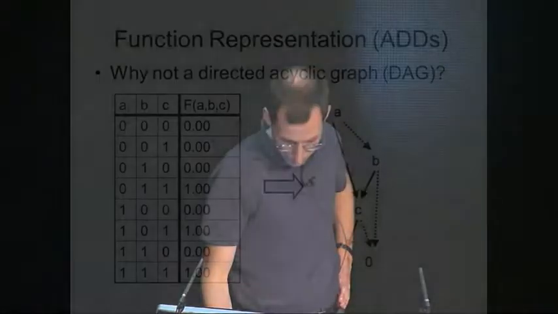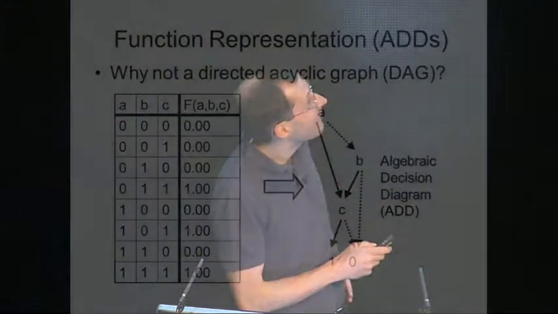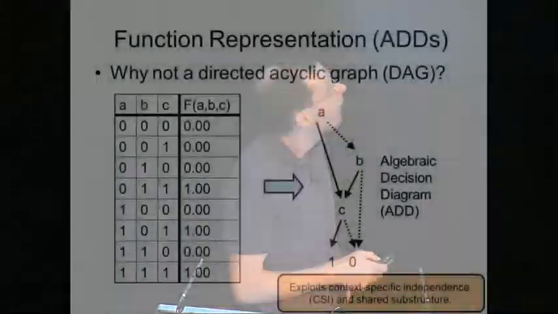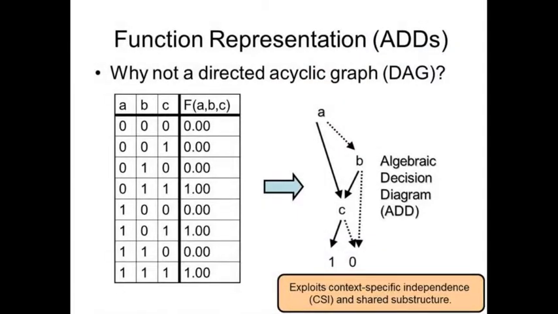When I do that, and I have a strict ordering of variable tests from root to leaf, I get something called the ADD. Okay? And so it can be exponentially more compact than a tree. It does exploit CSI, which trees do, but it also exploits shared substructure. So if you look at things like the XOR function, it's not a compact tree. I'll show you this in a few minutes. But it is a very compact decision diagram.